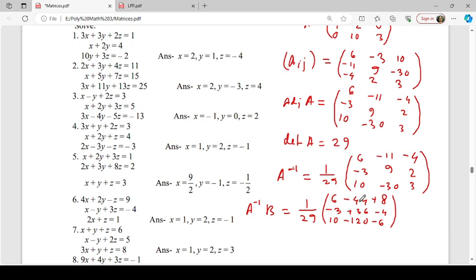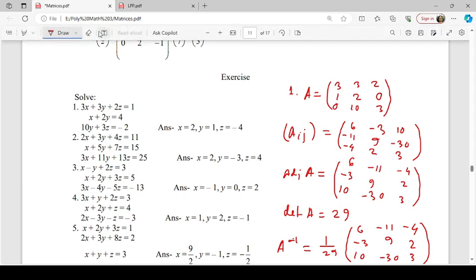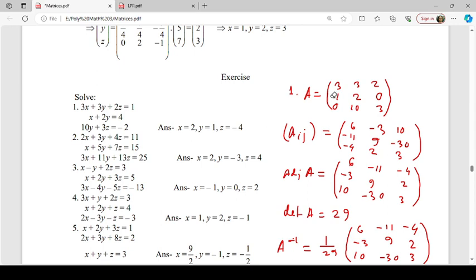Is it positive or what? So this is 6, then this one is 3, this is 3, this is 1. Oh, this is not minus 11, it is plus 11. Cofactor of this is 9 minus 20, it is minus 11.